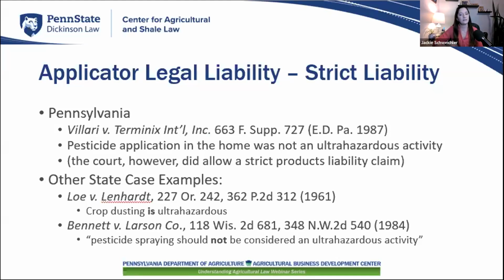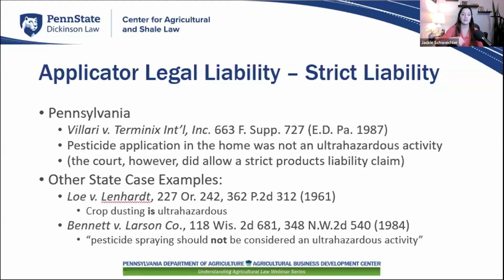The family sued under strict liability relating to the applicator's liability and for products liability. The court found that the application of a pesticide within the home was not an ultra-hazardous activity, but that the pesticide was hazardous when inhaled and the homeowners were not properly warned of that danger. It was something about the labeling on the container being insufficient.